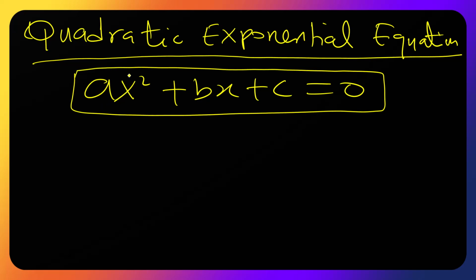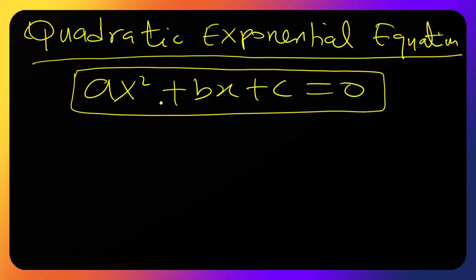In our next video, I'll throw more light on quadratic equation. Now when we talk about quadratic exponential equation, we mean exponential equations involving quadratic. So this one we are going to base more on the quadratic.